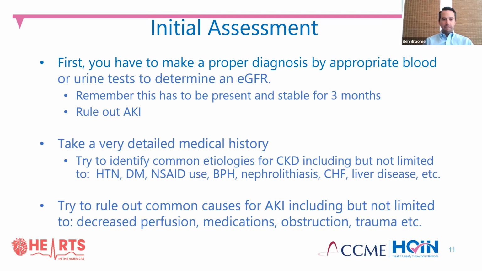So anything over the counter for pain, arthritis, inflammation, with the exception of Tylenol, fits into this. Prostate issues, especially BPH in an older male population, and a history of kidney stones, either recently or in the past. Do they have a history of heart failure, liver disease, et cetera? The list is very long, but the most common things being common, you at least want to hit on those.